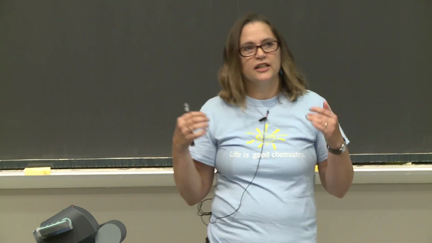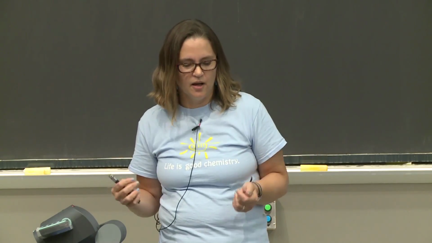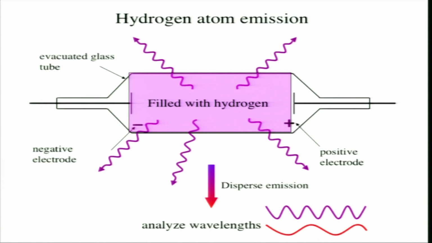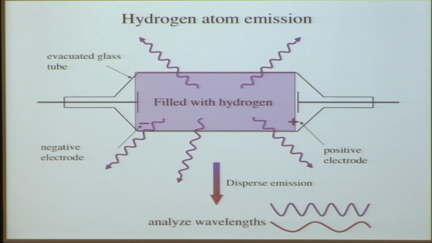So now we're actually going to see some photons being emitted. Let me just build into this experiment a little bit. We have an evacuated glass tube filled with hydrogen. And if you have negative and positive electrodes, you can emit light from this and then analyze the different wavelengths.